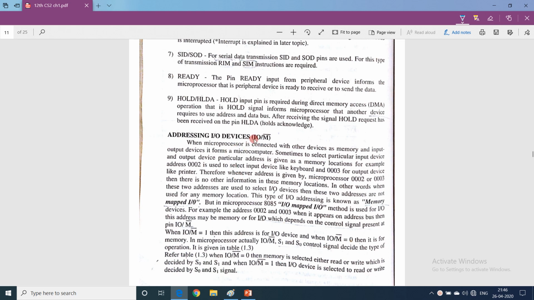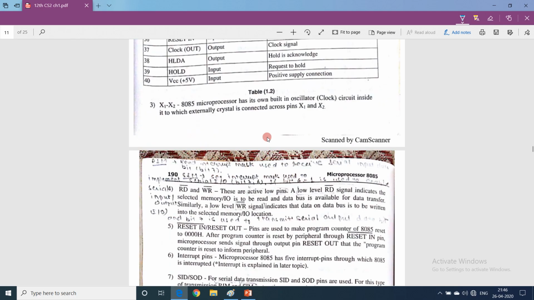I had told you that the IO/M bar pin is somewhat related to the IO mapped IO method or system. So what exactly is there in this topic? I also told you that IO/M bar is related to the S0 and S1 pins, that is, the status pins.